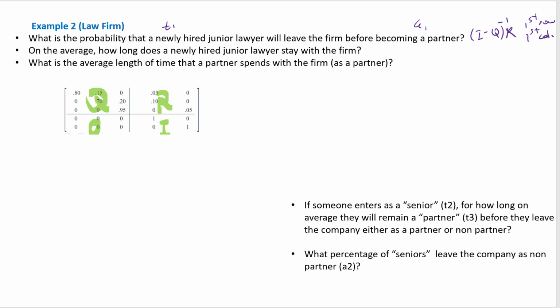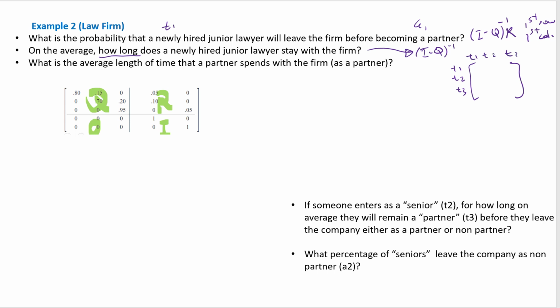Second question, on the average, how long, it's not a probability, how long, first type of question, does a newly hired junior lawyer stay with the firm? Basically, we just calculate I minus Q inverse, and in that matrix you will see that the rows and columns go T1, T2, T3: junior, senior, partner.